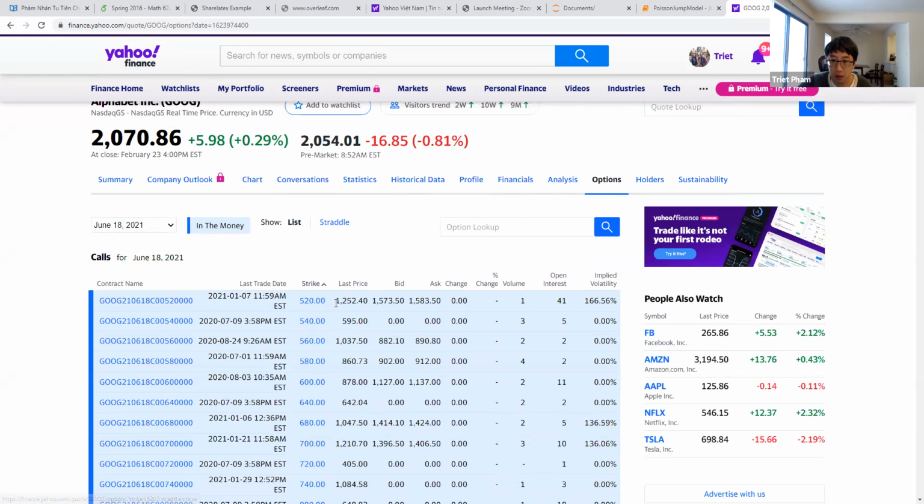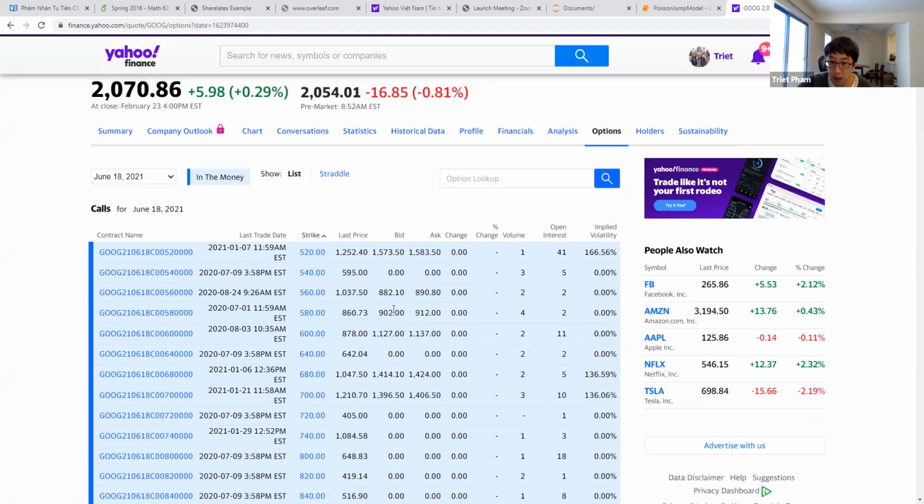People don't actively trade options that deep in the money or deep out of the money, because there's nothing happening there. If it's deep in the money, the delta is close to 1, so you get a 1-to-1 ratio. So these are not actively traded, and the implied volatility information is not very reliable. So we will probably ignore them.